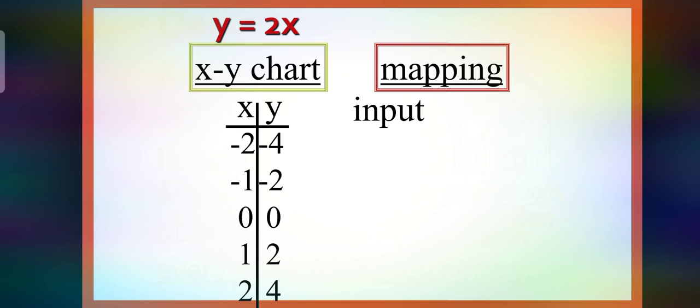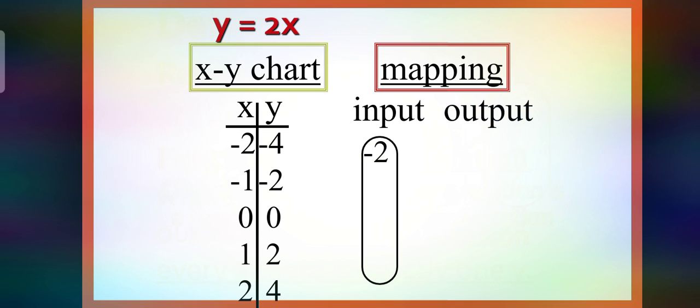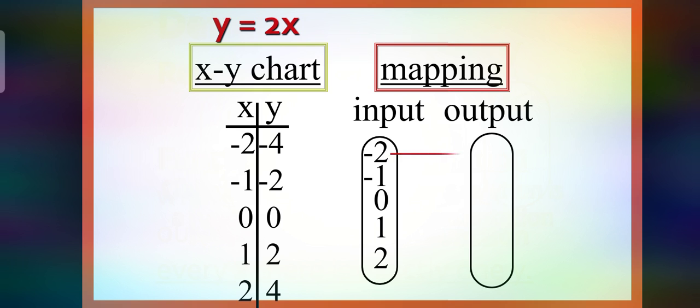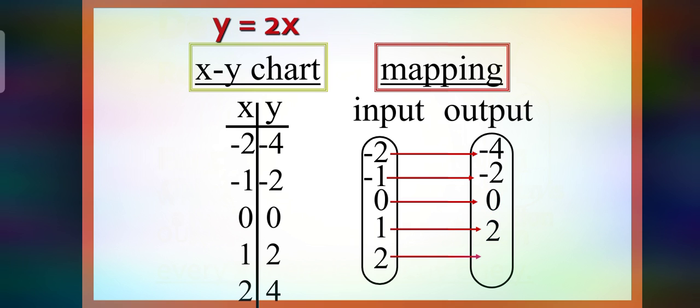Through mapping, we have the input and output. We have negative 2 as an input, negative 1, 0, 1, and 2. For the output, we have negative 4, negative 2, 0, 2, and 4.